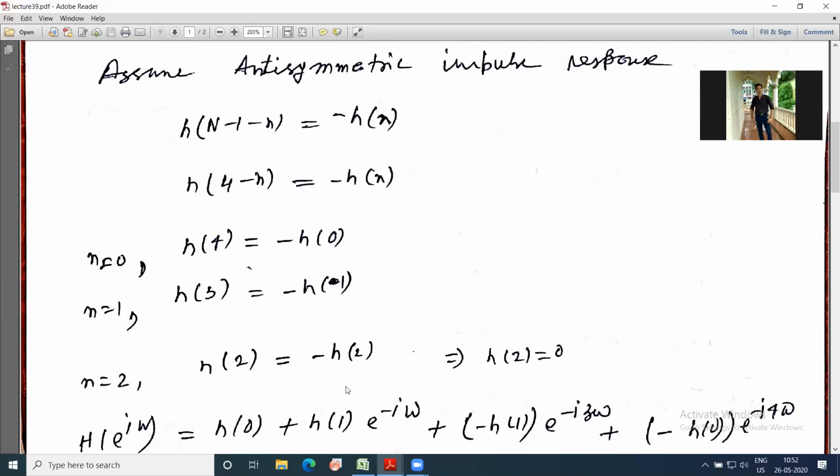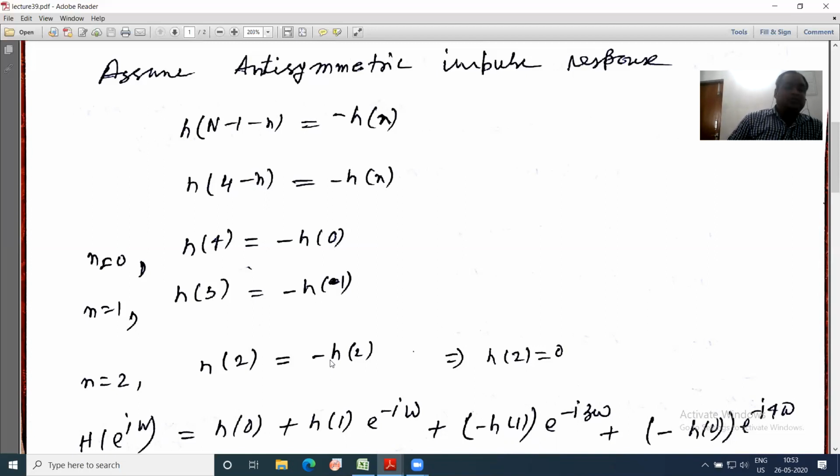For any real number, integer or complex number, hn equal to minus hn is not possible unless it is zero. Minus 2 is not equal to 2, and minus 2.5 is not equal to 2.5. So h2 equal to minus h2 is possible only if h2 equals 0.